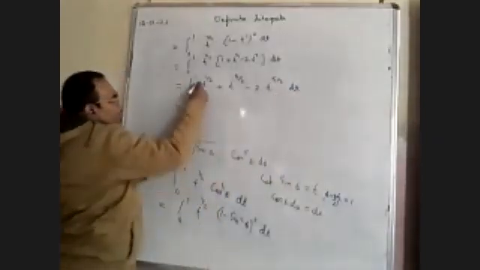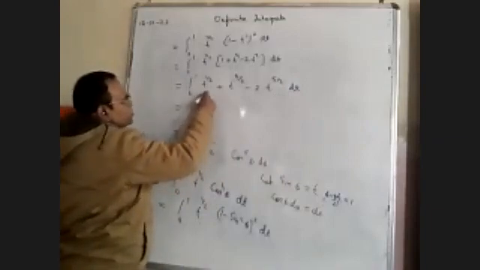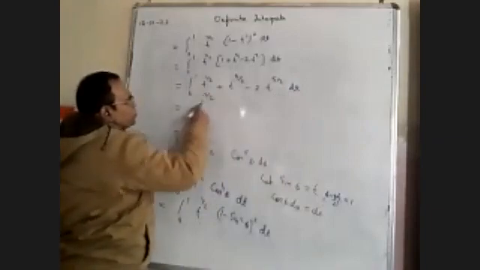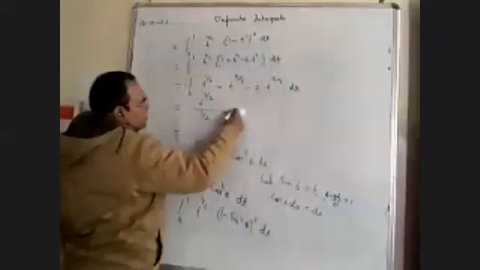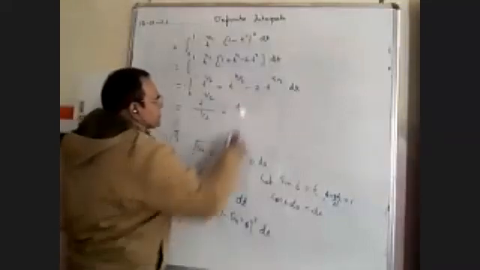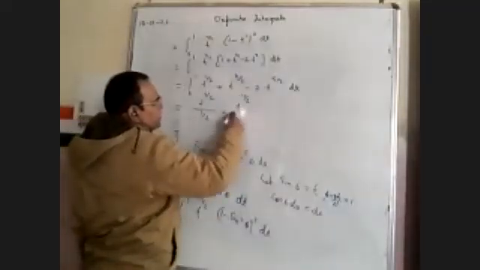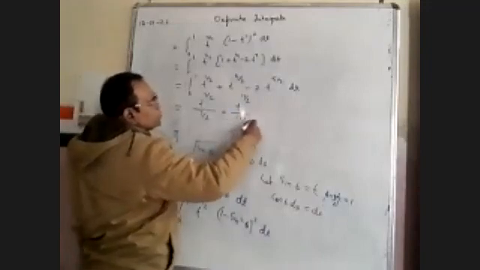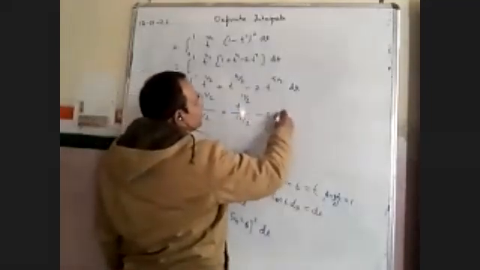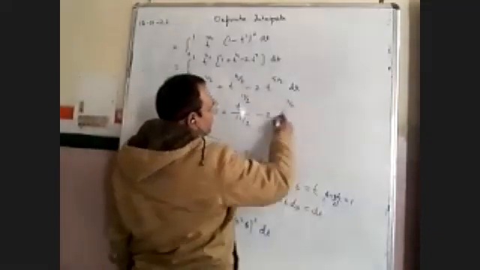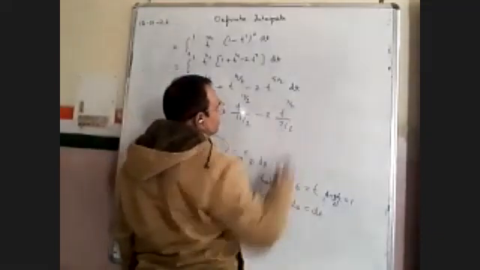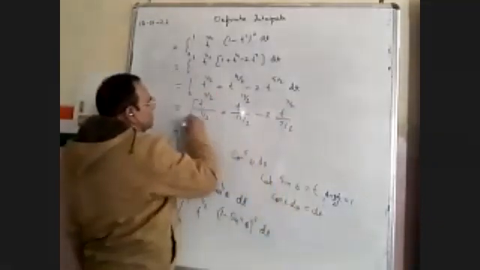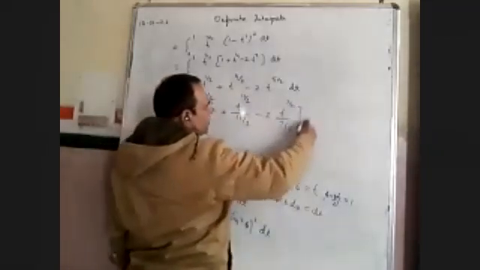Now you have to integrate. We will add 1 to the power, then it becomes t to the 3/2 divided by 3/2, plus t to the power 11/2 divided by 11/2, minus 2 t to the power 7/2 divided by 7/2. Now you have to put the values 0 to 1.